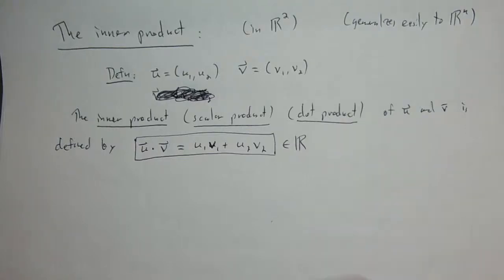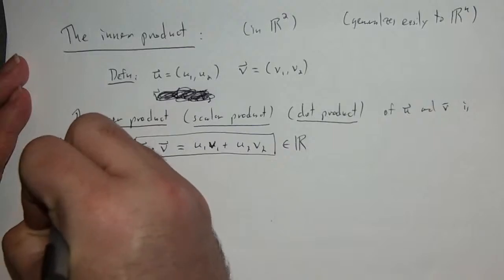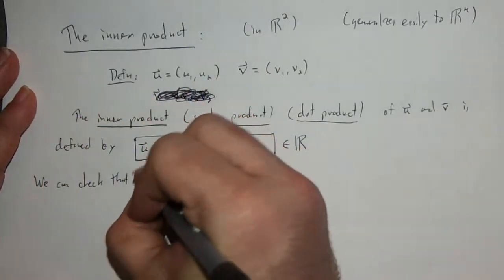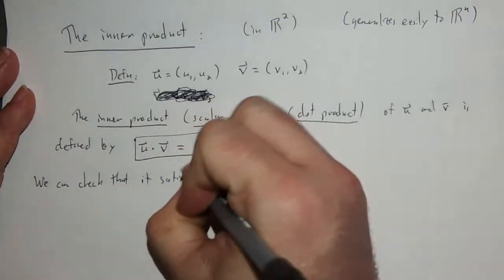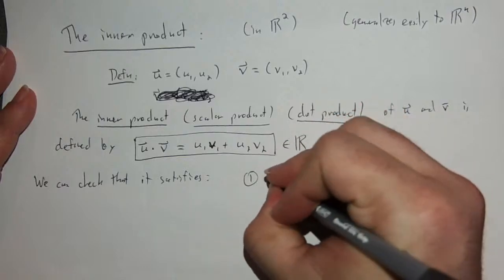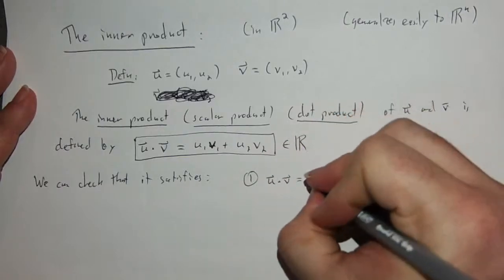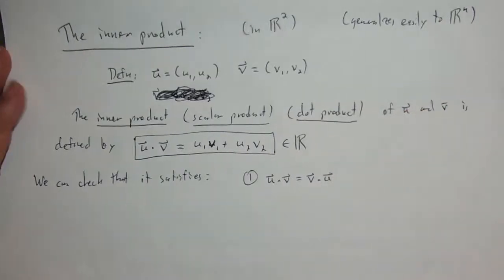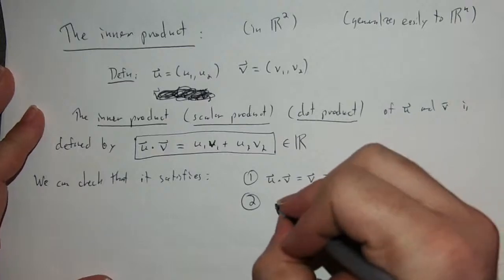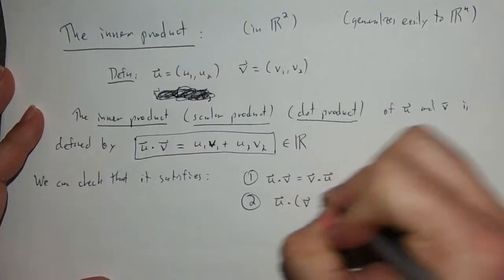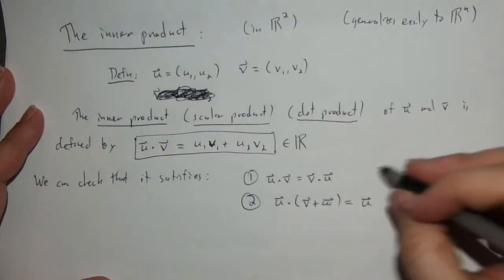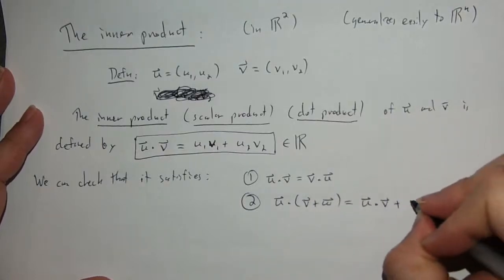Okay, so we can check that it satisfies the following properties. It is commutative, so it doesn't matter in what order you do this inner product. It is distributive with respect to vector addition, so the dot product of a sum is the sum of those things dotted.